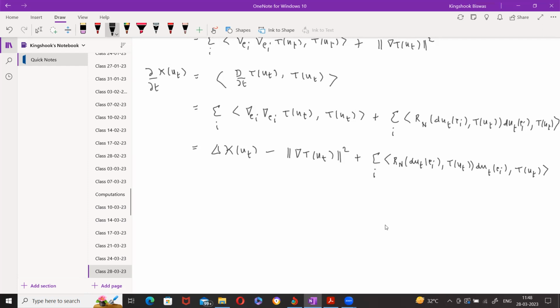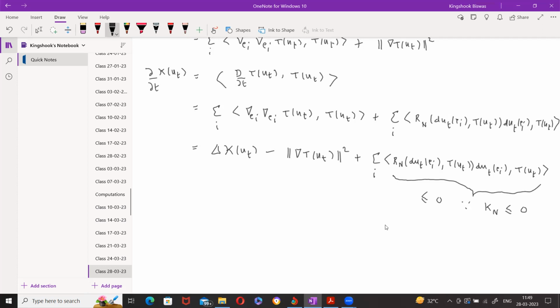Now, because the sectional curvature of N is non-positive, all of these inner products are less than or equal to 0, right? Is this clear? This is a sectional curvature times the norm squared of the wedge product of du_t e_i with tau u_t.